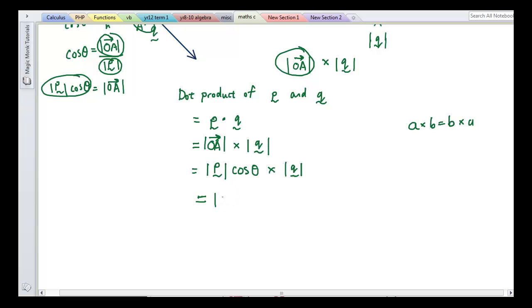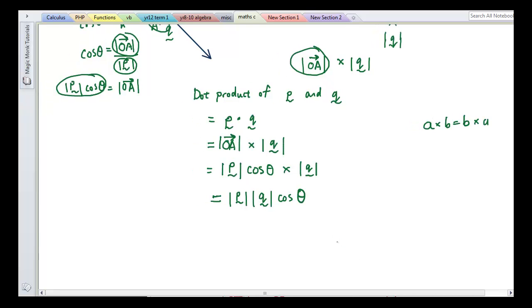So I'm going to change it to PQ cos theta. PQ cos theta. So that is the dot product of P and Q. So when people ask what is vector P dot vector Q, then that's your answer.